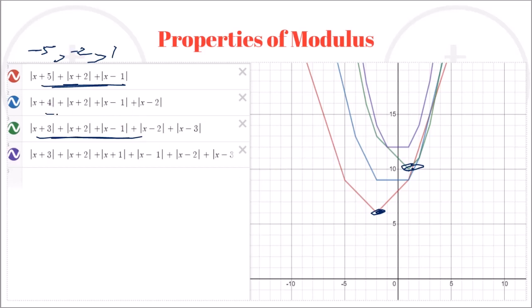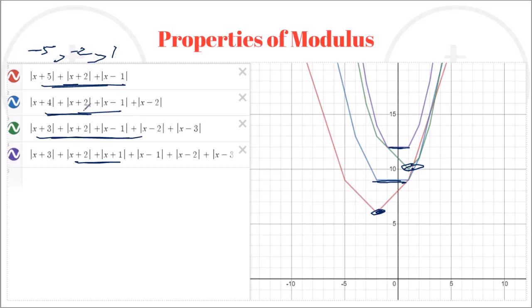In case of an even number of terms, there will be this flat shape where through that entire range, it will be a constant value. The constant value will be in between the two middle values, because there are an even number of terms.